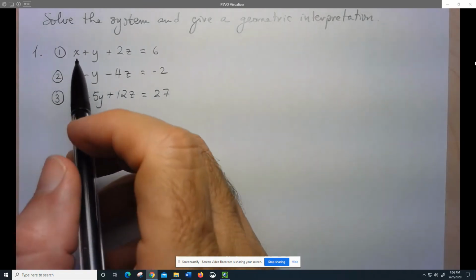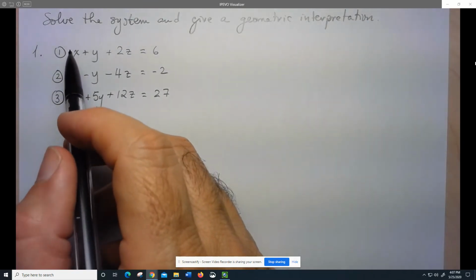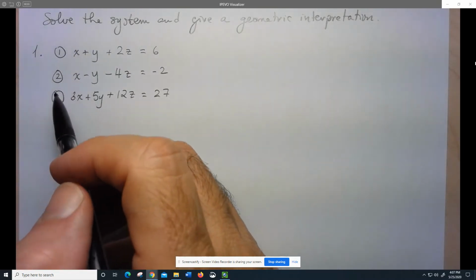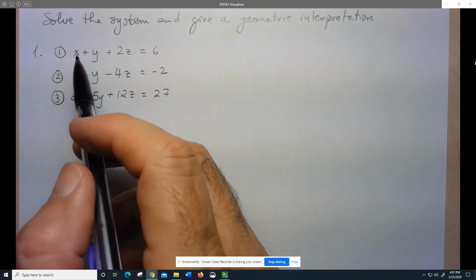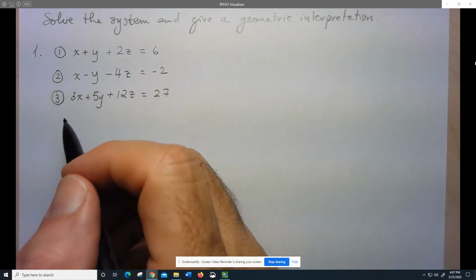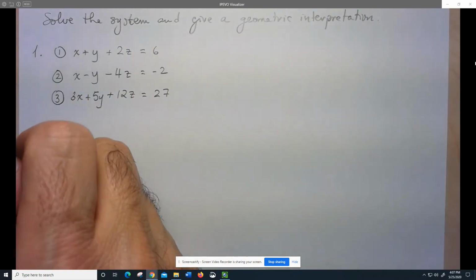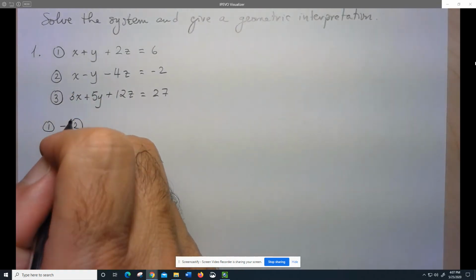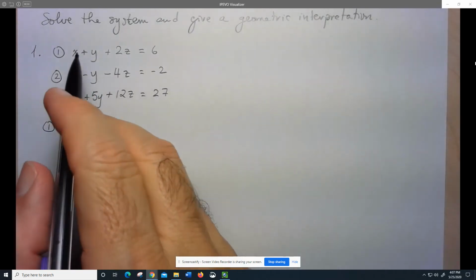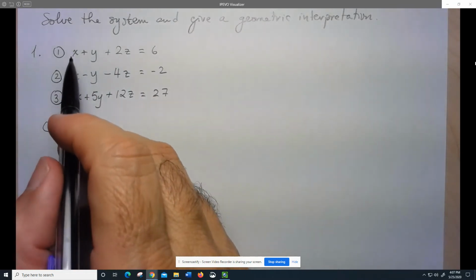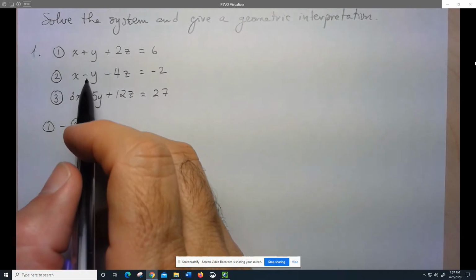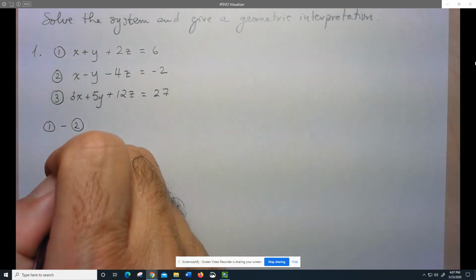So let's do the easy one first. You'll see next week why I tend to work with x as much as possible, but it's a nice and easy one anyway. I'll start by using equations 1 and 2 to eliminate the x variable, so we'll do equation 1 minus equation 2. x minus x is 0, as expected. 1 minus negative 1 is 2, so we have 2y.